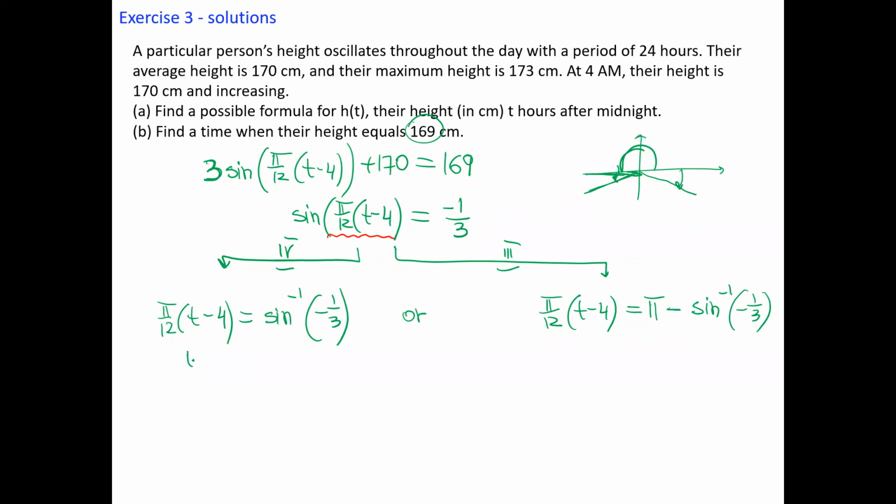We will multiply both sides, sine inverse of 1/3, by 12 over pi. And now we will add 4. That means sine inverse of 1/3 times 12 over pi plus 4.